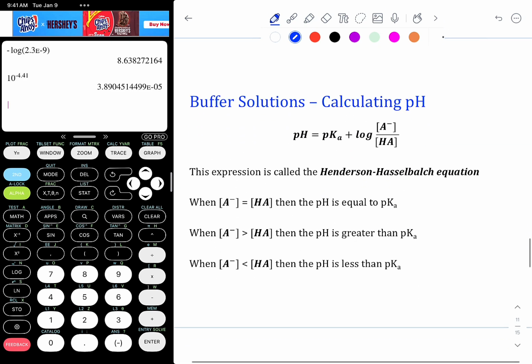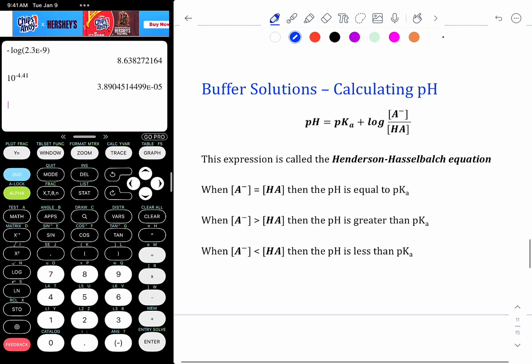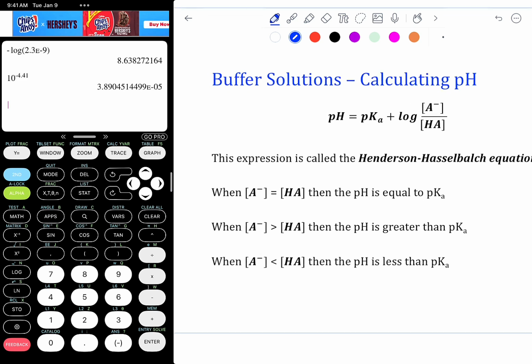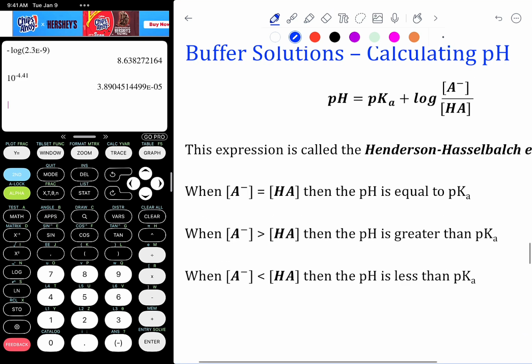So let's look at how those concentrations of our conjugate base and weak acid are going to compare and how that can tell us about the pH itself. So here we have our Henderson-Hasselbalch equation, and we can relate those concentrations to each other. If the concentration of the conjugate base and the weak acid are equal to each other, the pH is automatically going to be equal to your pKa.